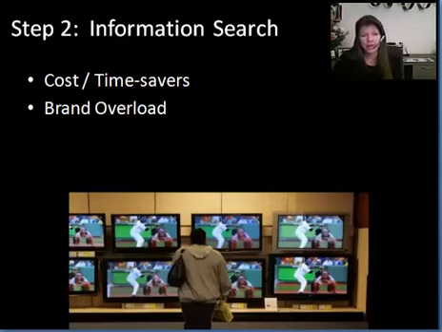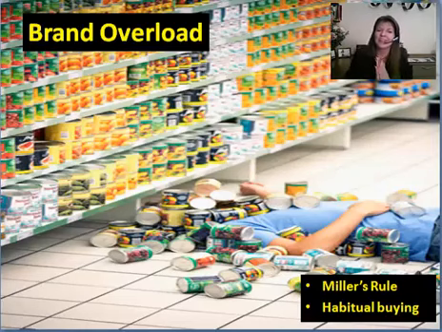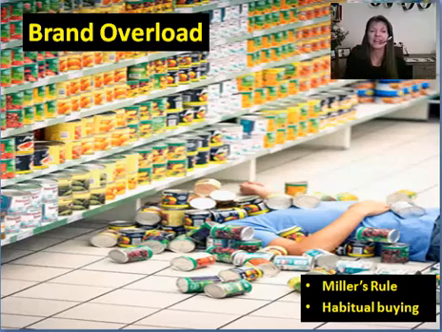But another factor that can affect our information search is brand overload. Okay? Brand overload can be really overwhelming and kind of shut us down, right? Especially in the United States, where we are often faced with too many choices. Okay? And now we come to our next really important researcher, Miller.